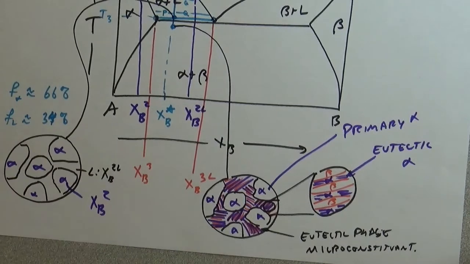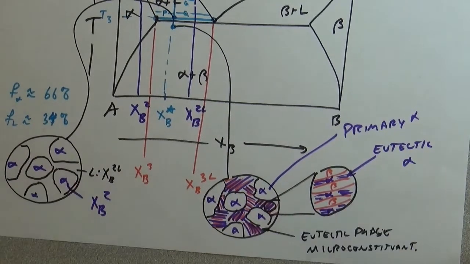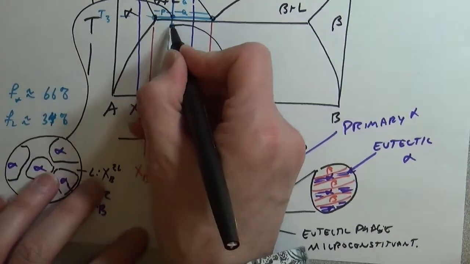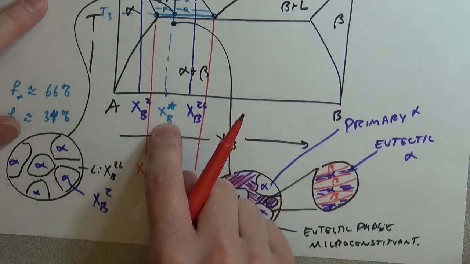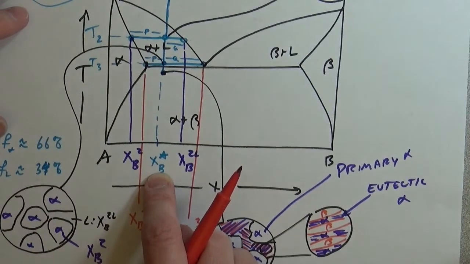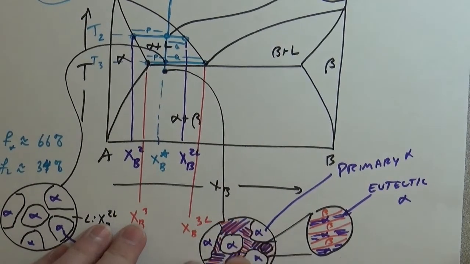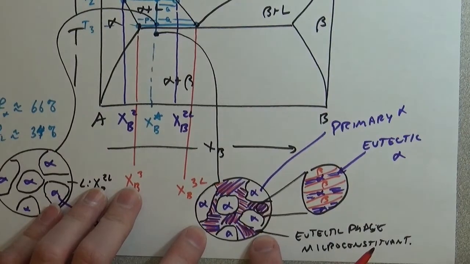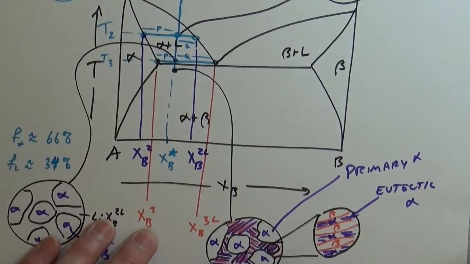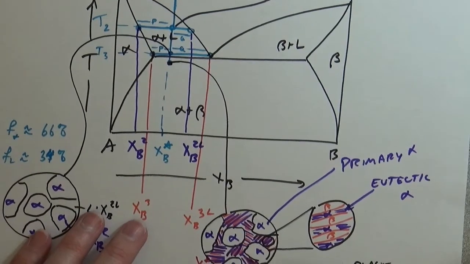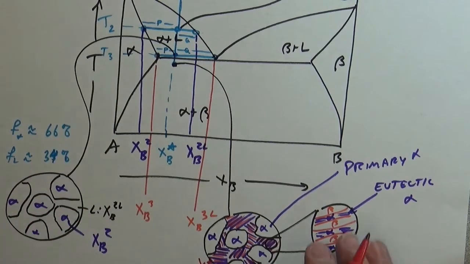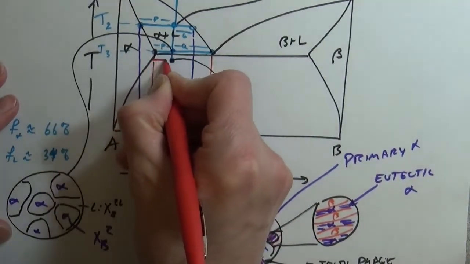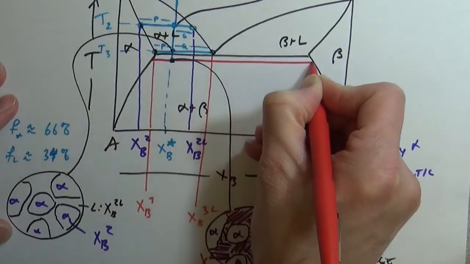Quantifiably, what do we know? Well, quantifiably, we know that this is our global composition, and we know that the global composition of this microstructure is going to be XB star, but we also know that the alpha and the beta will have different compositions, and we know there's a different fraction of each. So let's draw a tie line that goes across.